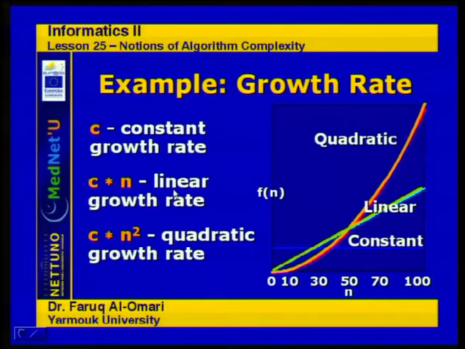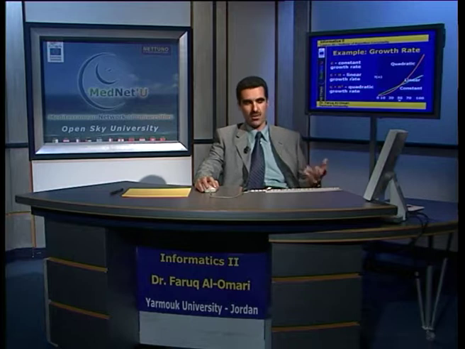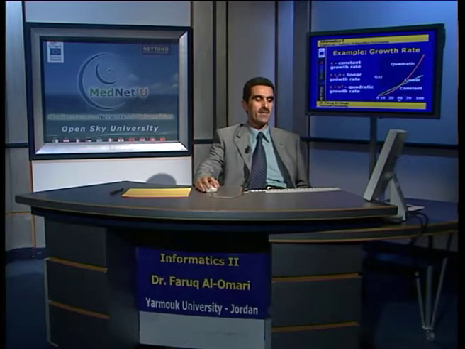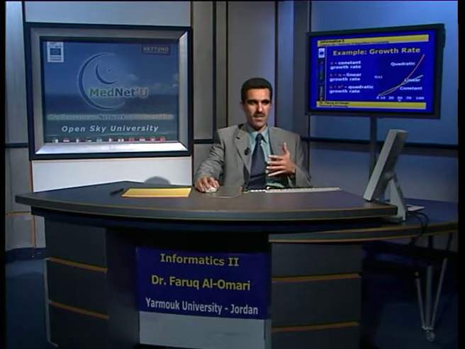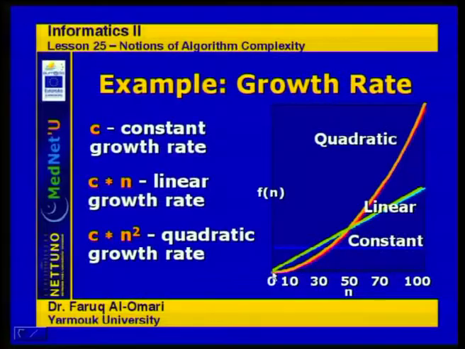However, for the case of the second sample function, or the second algorithm, it was something like c times n plus c. So basically, I'm having a sort of a linear growth rate, c times n. This is the dominant factor. Okay? So it increases linearly as n increases. Okay?